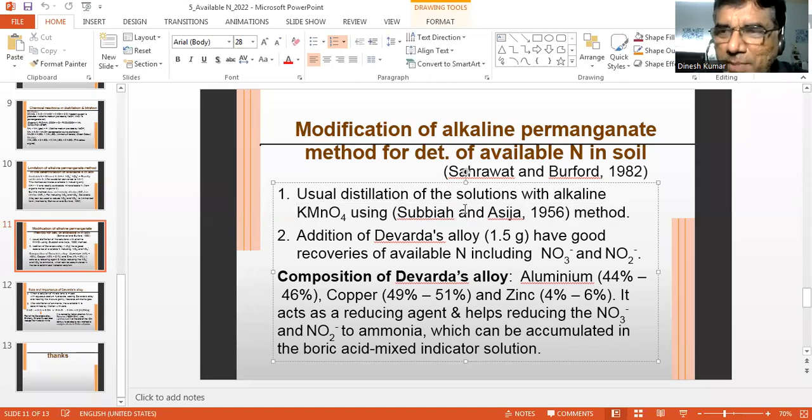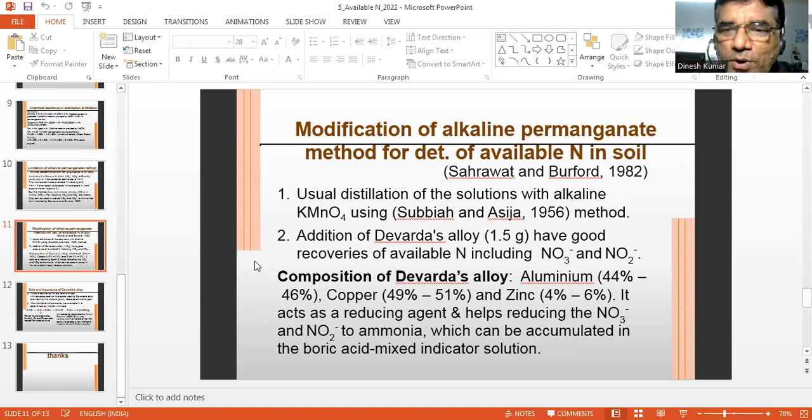First, you complete this method. After completion of this method, addition of Devarda's alloy, 1.5 gram per sample, gives good recoveries of available nitrogen, including ammonia, nitrate and nitrite. So now, you should know a little more about Devarda's alloy.